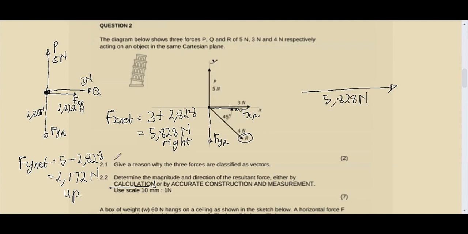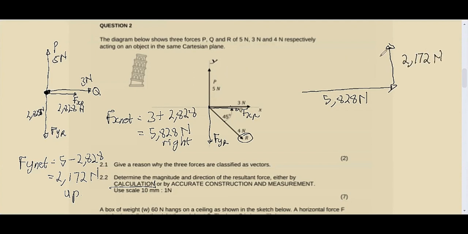And then this here is up, so we need to indicate it like that. So it's up. It needs to be right in this direction. Remember, it's tail to head. Then this will give us 2.172 newtons.